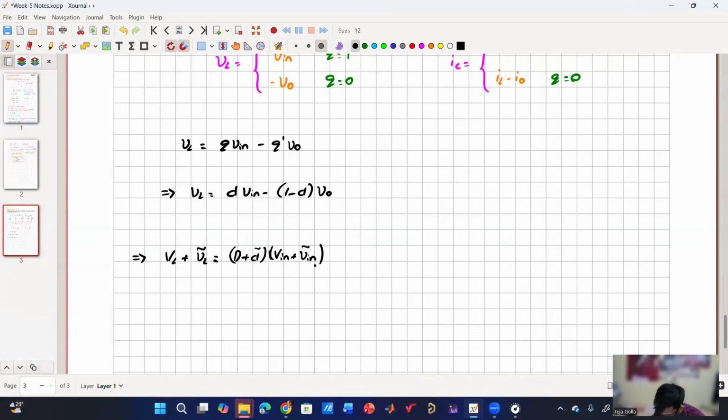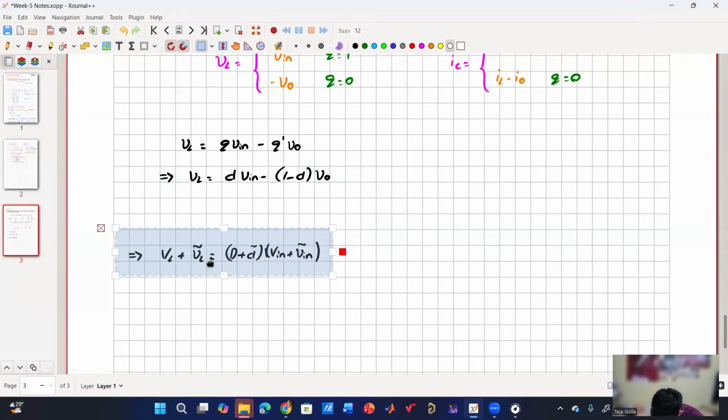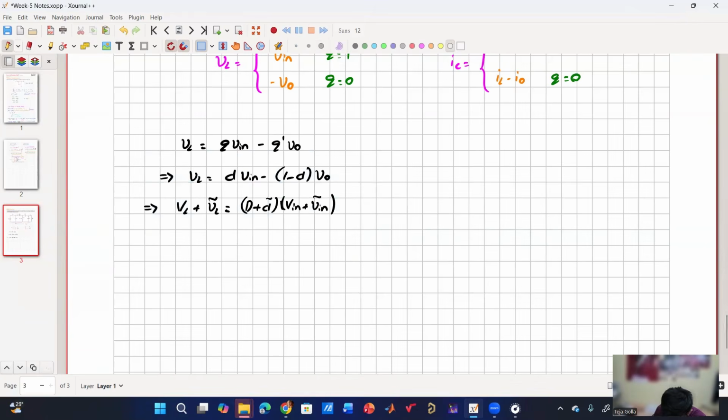Minus, again D will be D plus D tilde, so 1 minus D minus D tilde into V0 plus V0 tilde.